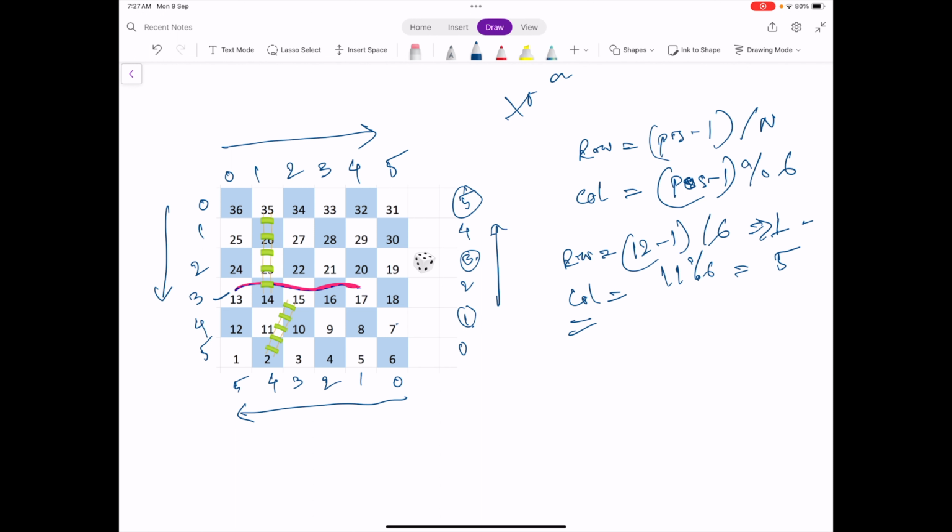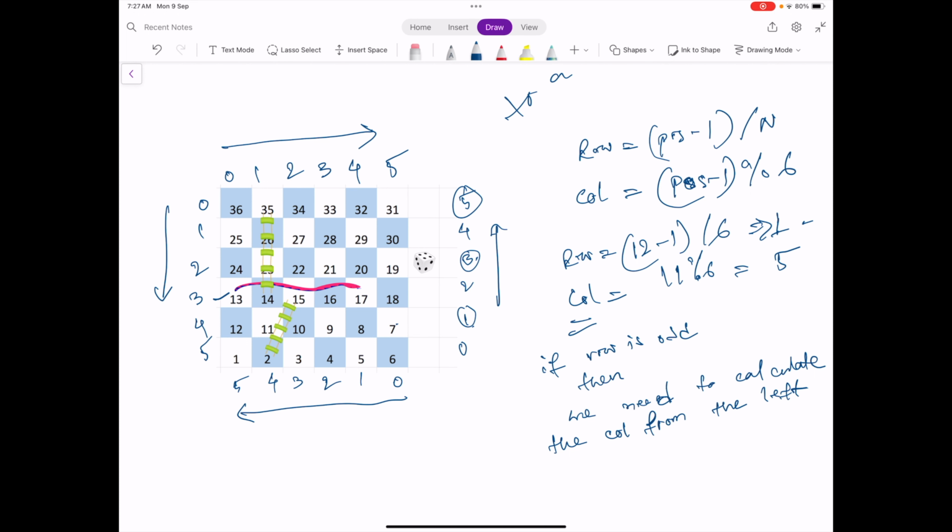So in that case, if the row is odd, then we need to calculate the column from the left.